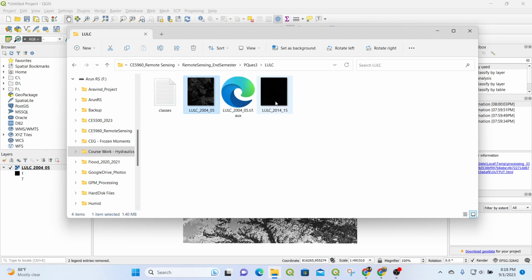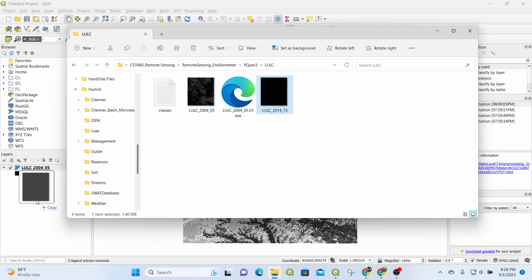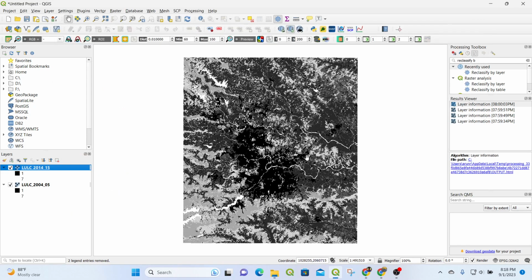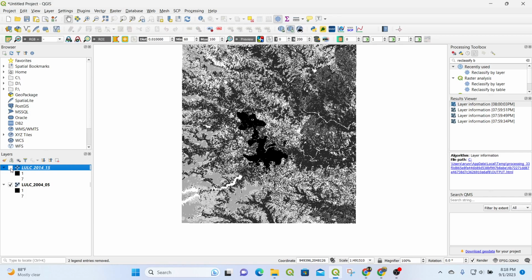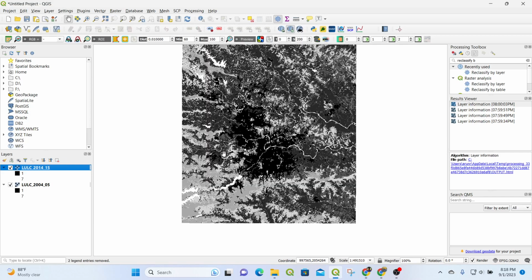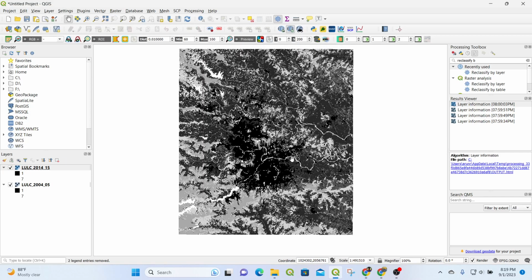So this is the LULC for 2004-2005 and 2014-15. One thing you need to ensure is both the images should exactly overlap with each other. There should not be any mismatch. For that you need to do the image to image rectification. That is part of your geometric correction. Only then your pixels will be correlated.